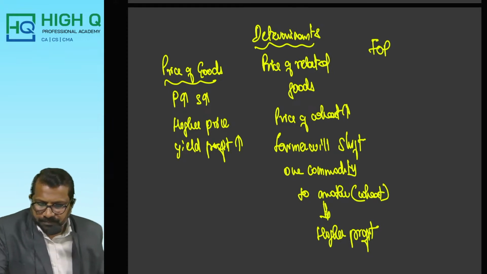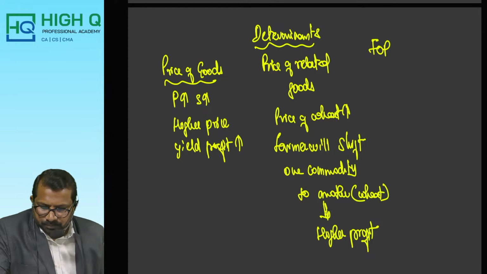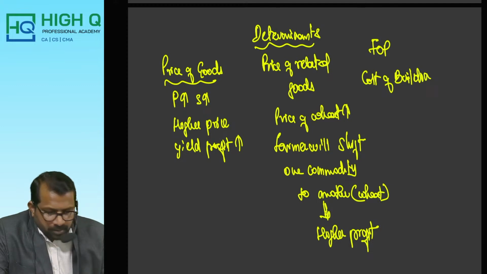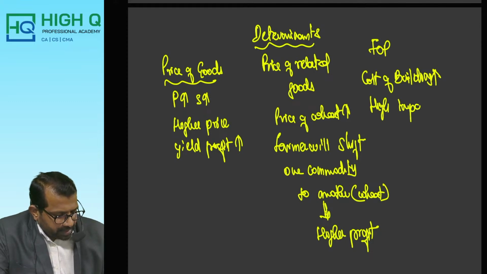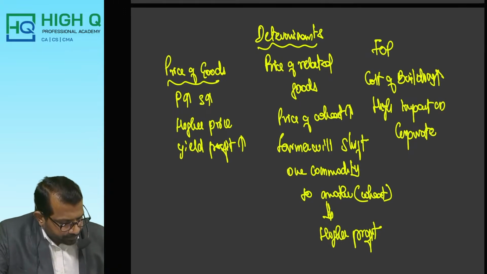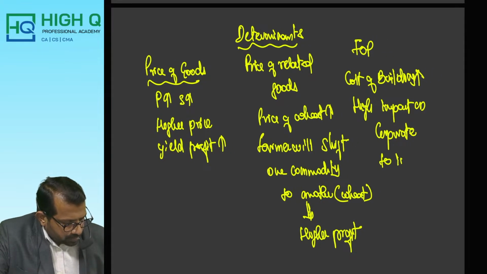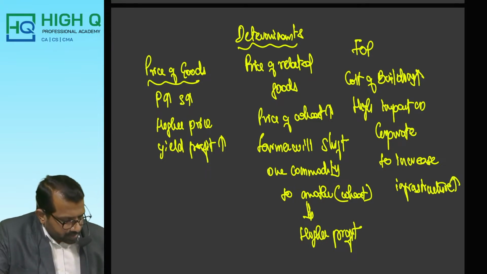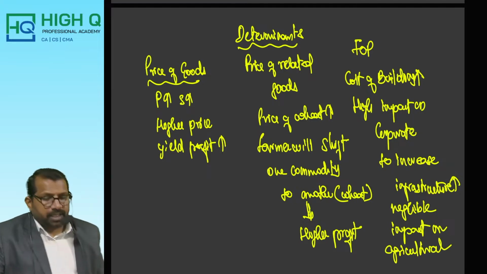Factors of production. Whereas if the cost of building increases, then there will be a high impact on corporates to increase infrastructure, but negligible impact on agricultural business.